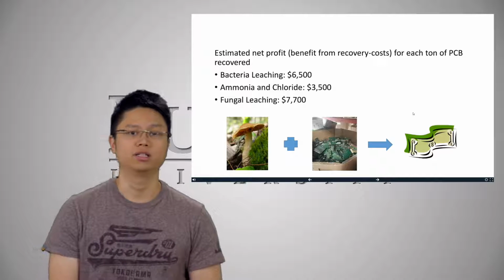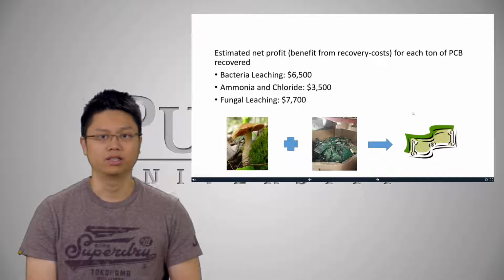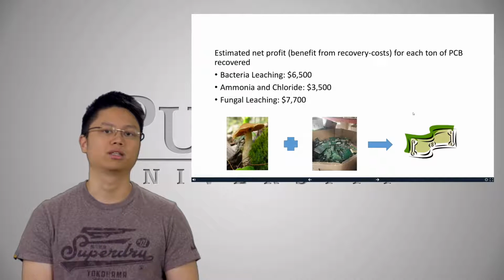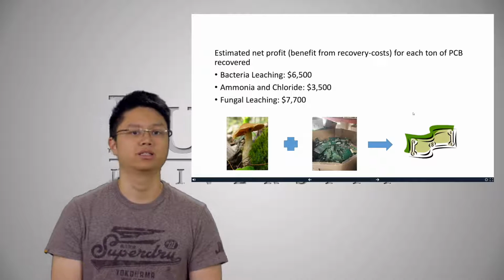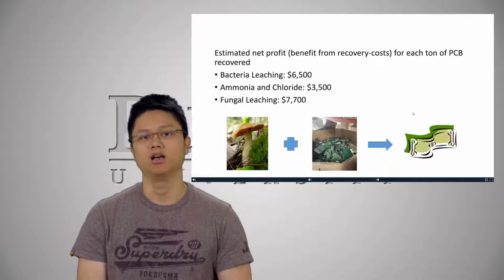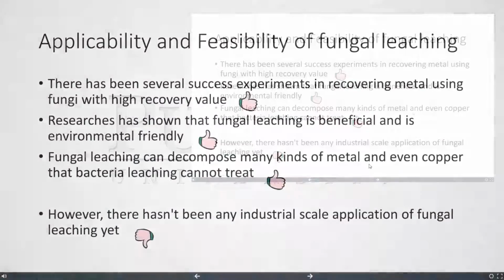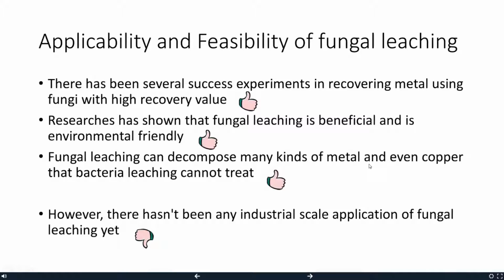Another benefit of fungal leaching compared to bacterial leaching is that it can process copper-containing material that cannot be processed using bacteria. So this method can basically decompose more of the metallic part of PCBs and thus will reduce the pollution from PCB disposal.